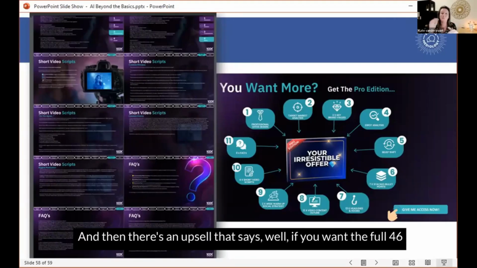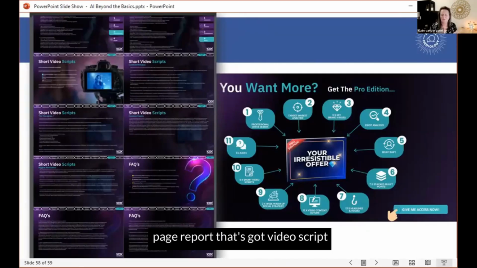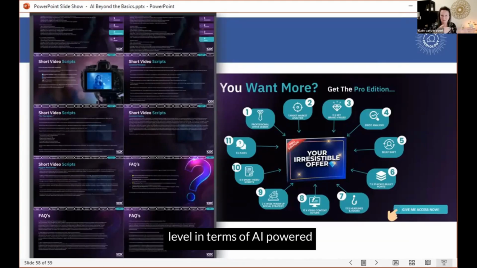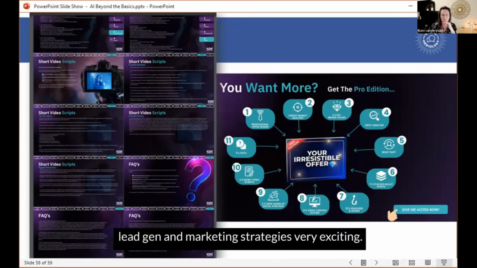And then there's an upsell that says, if you want the full 46-page report that's got video scripts and irresistible offers and style guides. So I'm actually building this in my business at the moment as an AI audit. But these are the kind of things that you can do that is just next level in terms of AI powered lead gen and marketing strategies. Very exciting.